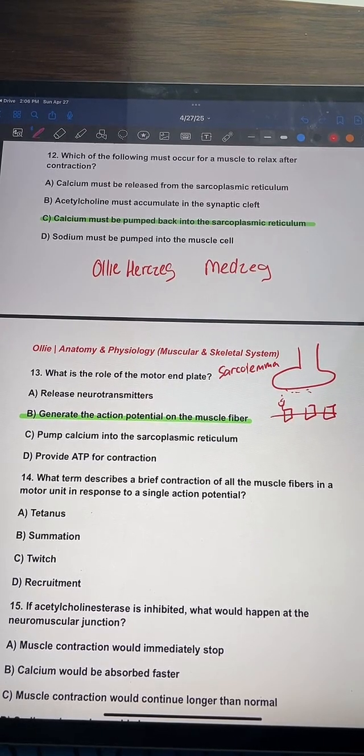So the motor end plate would be like a communication site with the neuron, and the Z line is more so a structural part of the organization. The sarcolemma is essentially the muscle fiber's membrane.